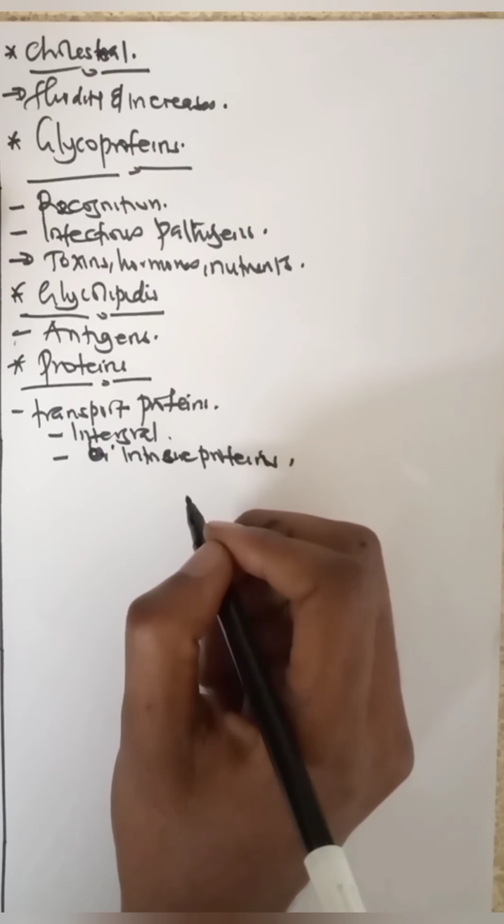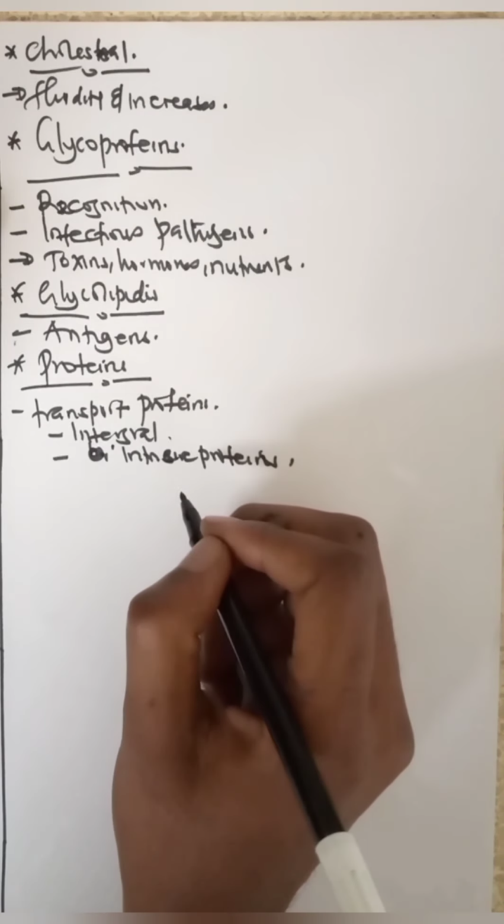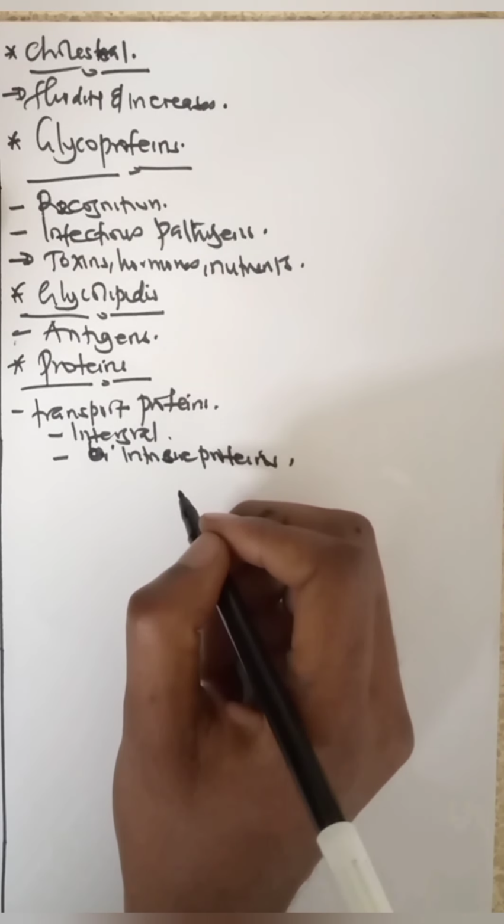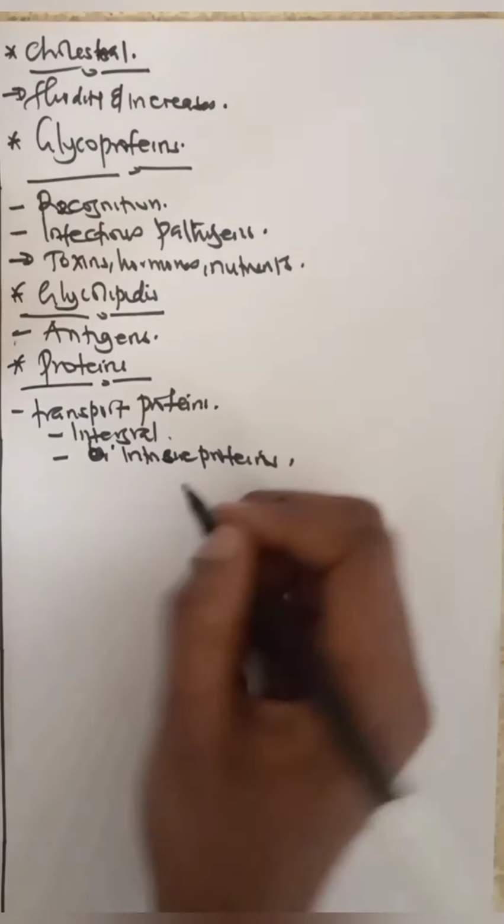That's about the proteins. Then, of course, the plasma membrane, as we have said, is made up of the phospholipids, the membrane cholesterol, glycoproteins, glycolipids, and the proteins.